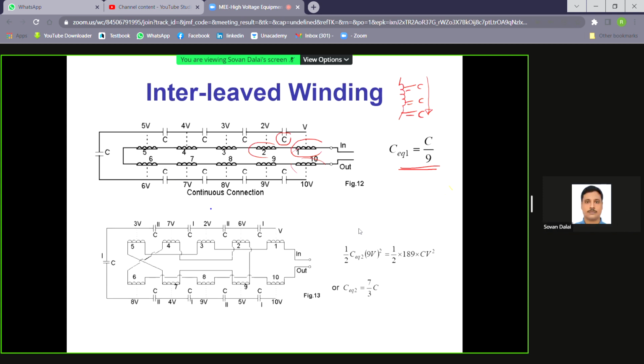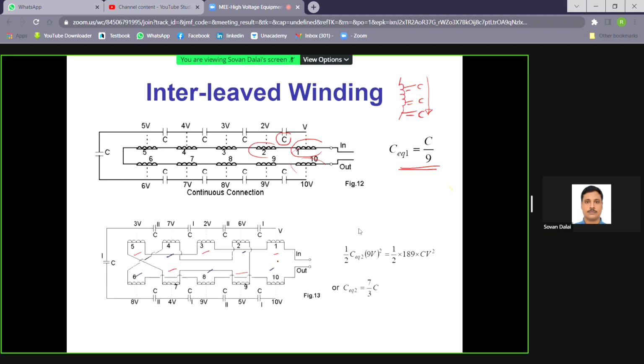Now we will change the connection. We will change the connection in interleaved fashion. Interleaved fashion means first I connect all the odd windings in series. First you connect 1 with 3, then 5, then 7, then 9. Again you bring back to the even position, say 2, 4, 6, 8, 10.